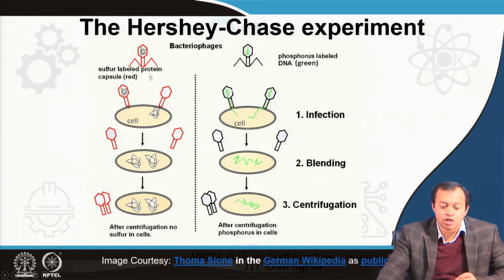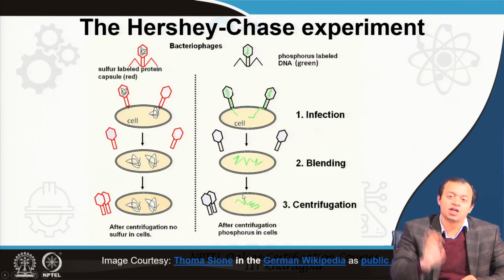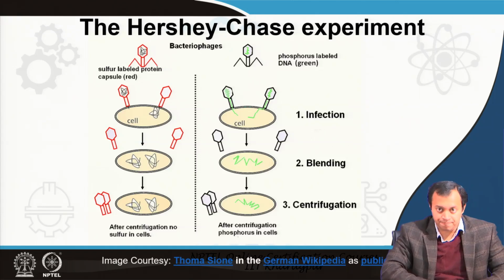It is not the outer protein layer that is transferring information. The information gets transferred from the inner nucleic acid material, and not the protein. Every time they did this experiment, the inner material is what is present inside the cell into which the virus was injected.